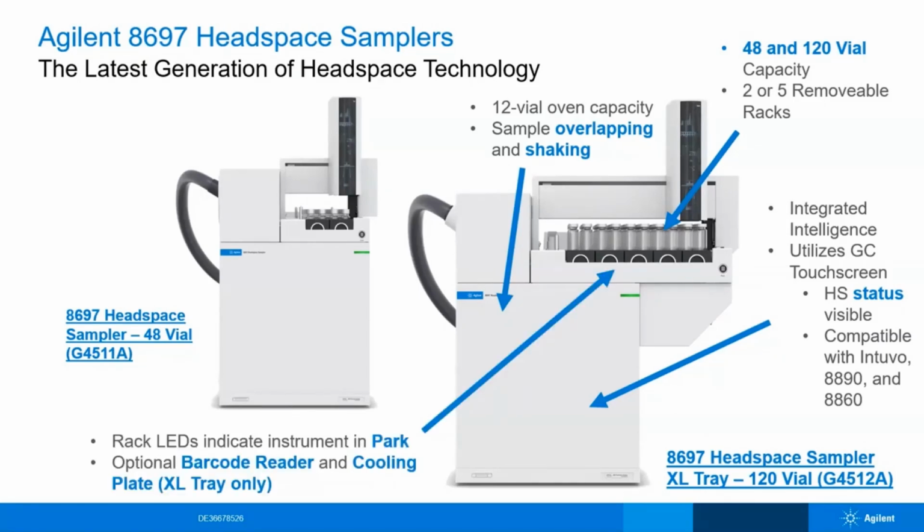And then finally, it is a scalable system that is meant to be in labs with a wide range of different systems. And so it's easily visible whether or not the system is running, when the system is in park mode, as well as it provides a wide range of sample tracking options with a barcode reader and a cooling plate for temperature sensitive samples, particularly in food, alcohol, and dairy applications.